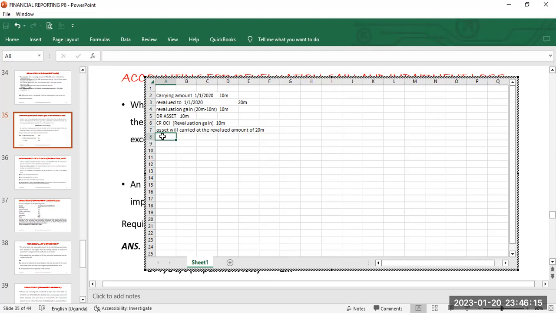And now, after doing the impairment review on 31st December 2020, we found out that the recoverable amount as of that date was 8 million.